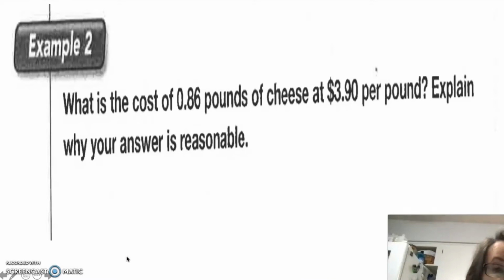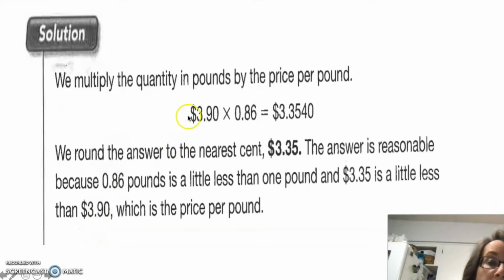Example 2. What is the cost of 0.86 pounds of cheese at $3.90 per pound? Explain why your answer is reasonable. Anytime they want us to explain why our answer is reasonable, we're going to round to do that. But first, let's look at what the cost is. We're going to take the 0.86 pounds, and we're going to take $3.90 as the price per pound.